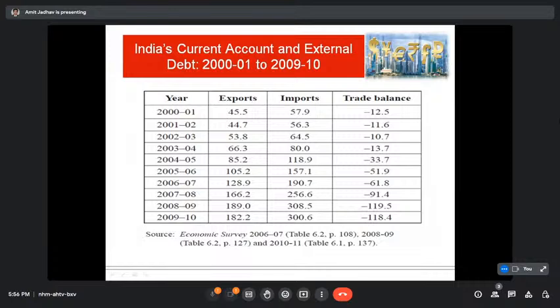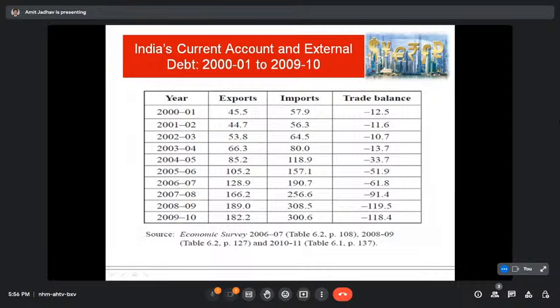and not only are we getting the deficit, but each and every year the deficit is continuously rising. In 2001 our deficit is minus 12.5, and up to 2004-5 it becomes 33.7, and after that it keeps increasing to quite a higher amount, and our import is quite greater than the export.